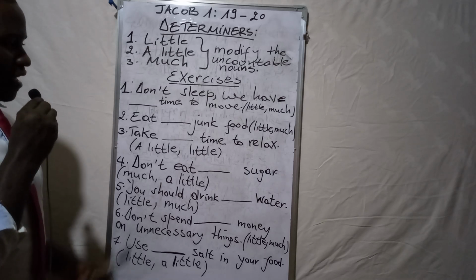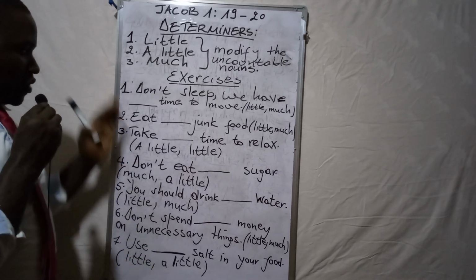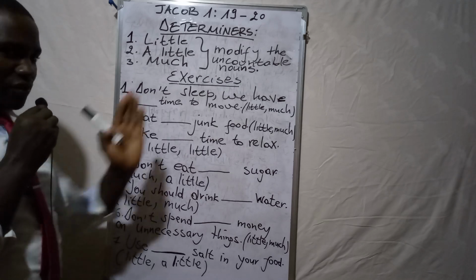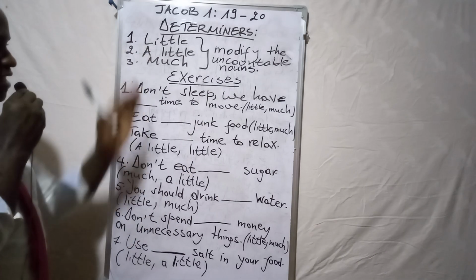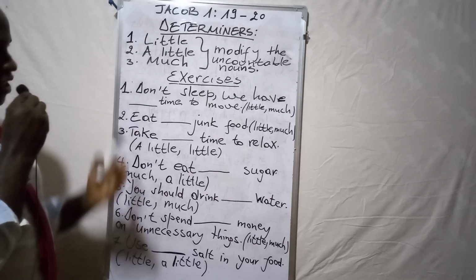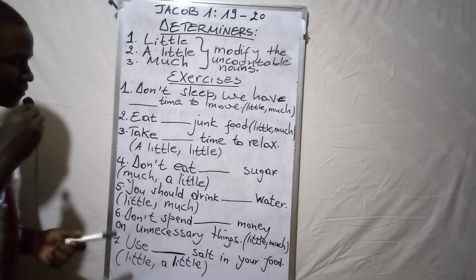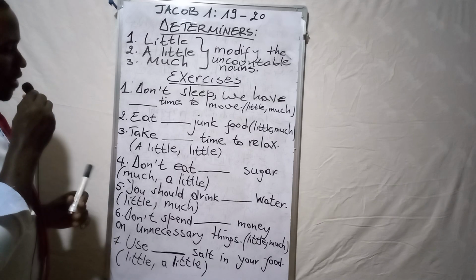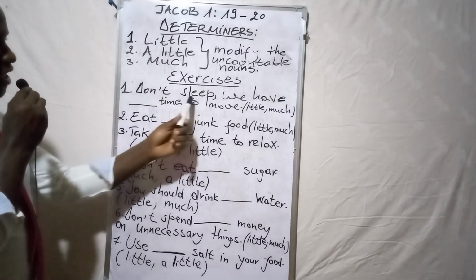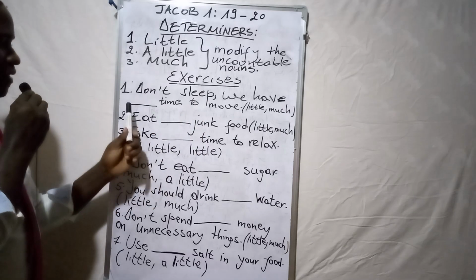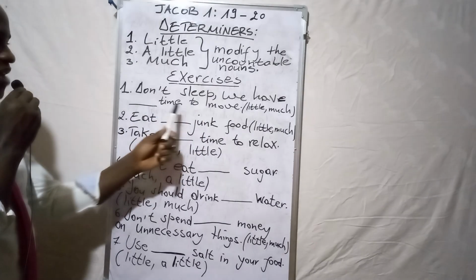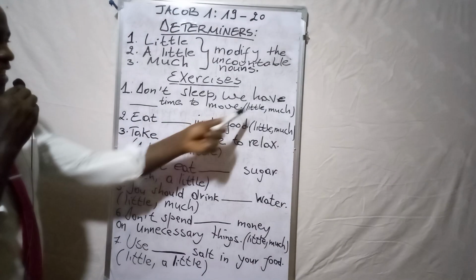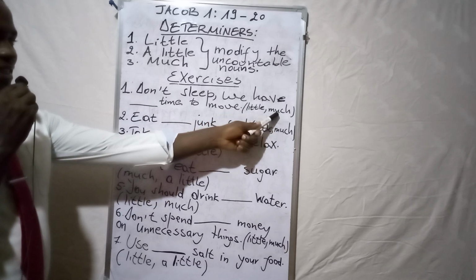I invite you to do this lesson from the beginning to the end. It is very easy to distinguish them. So let's begin now. Number one: Don't sleep. We have blank time to move. Little, much.